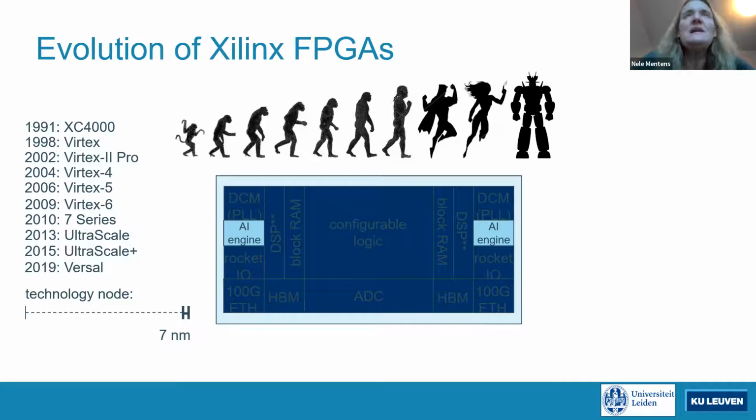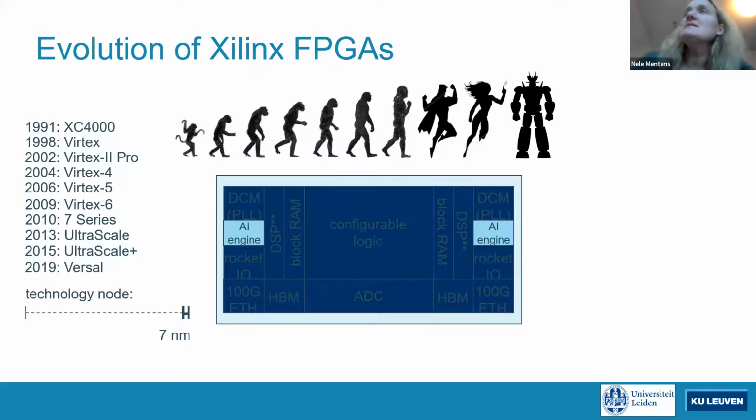And this also led to the evolution that FPGAs are definitely no longer only used as prototyping devices for ASIC designs, but are also used really in end products, especially because they became so efficient thanks to these dedicated building blocks.